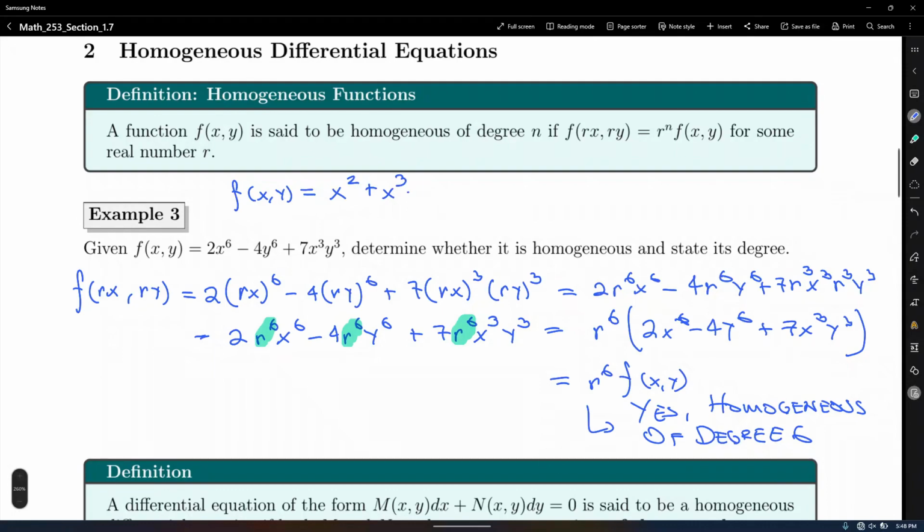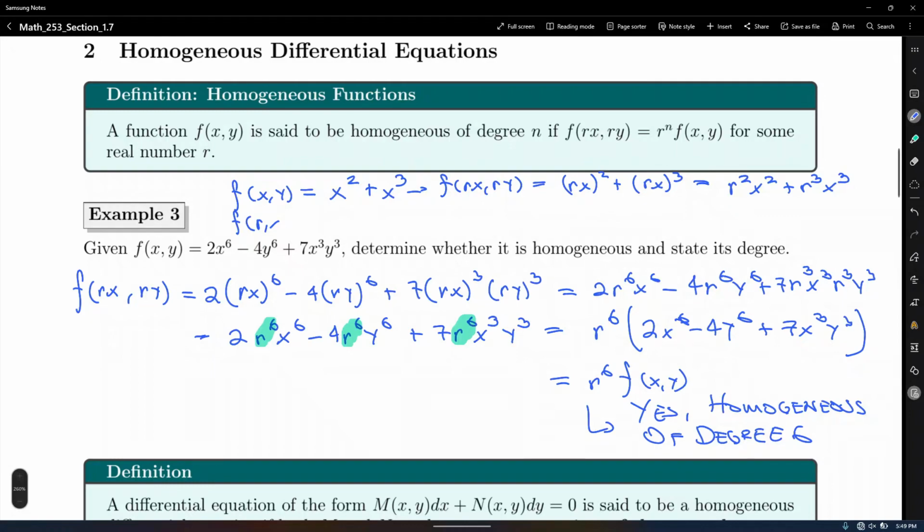Okay, if we substitute, let me do f of rx, ry, that would have been rx squared plus rx cubed. In a similar way, laws of exponents, distribute each factor, okay? That is r squared x squared plus r cubed x cubed.